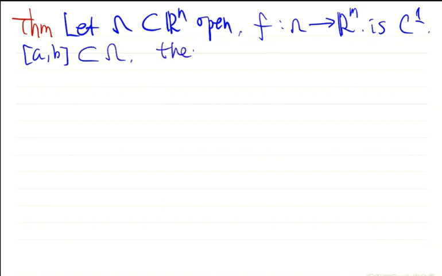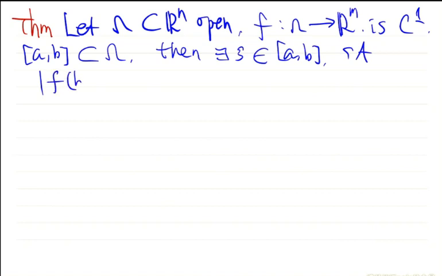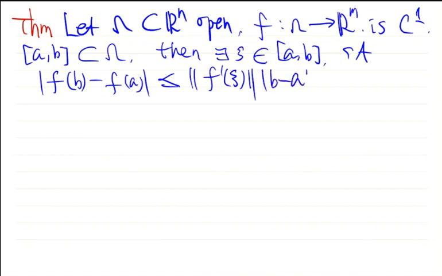The result is that there exists a c in the segment such that the norm of f(b) minus f(a) is not greater than the norm of f prime c, the derivative of f at c, times the norm of b minus a. Since f prime c is a matrix, this is a matrix norm.